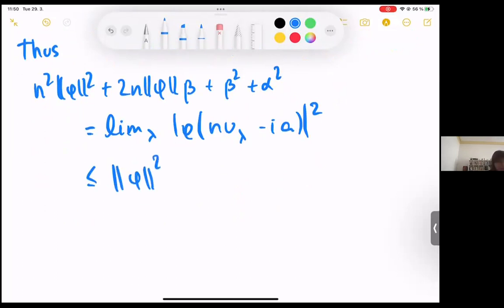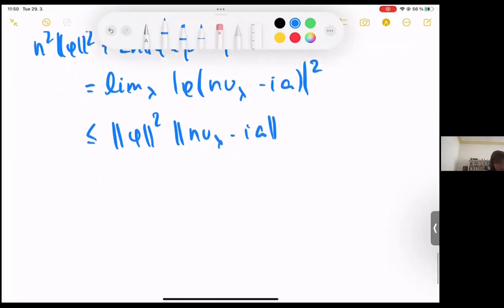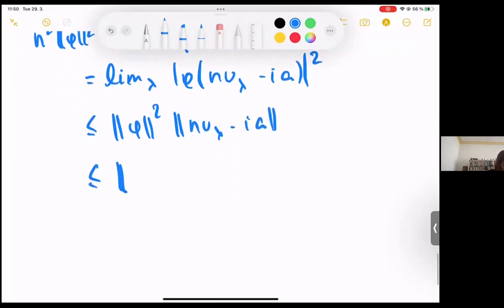So that's going to be at most the norm of phi squared, taking the limit, times the norm of u lambda minus a, which we saw was at most n squared plus 2.